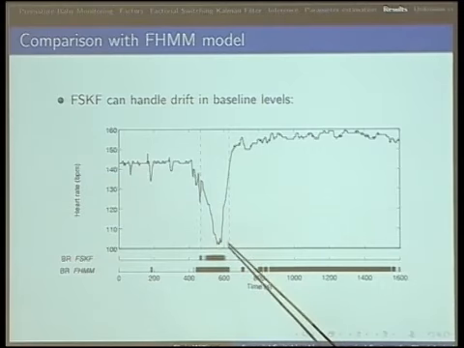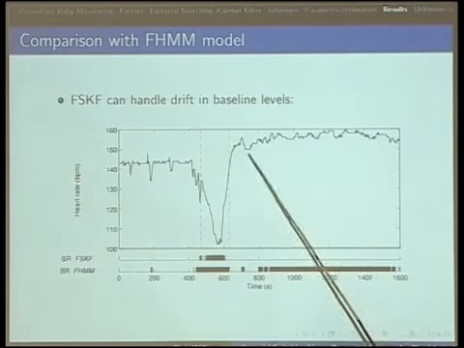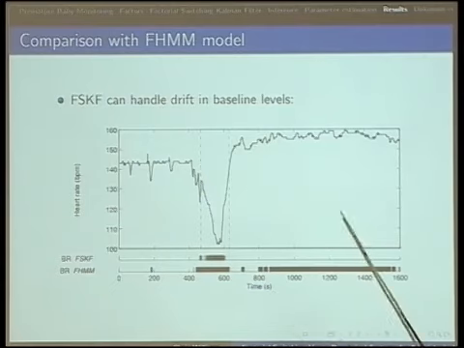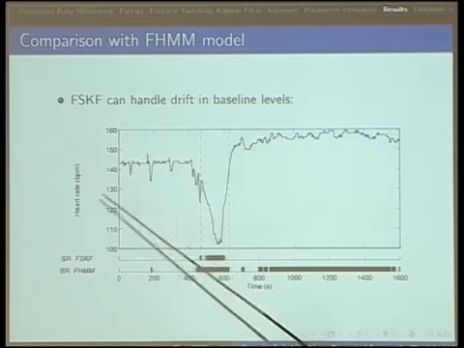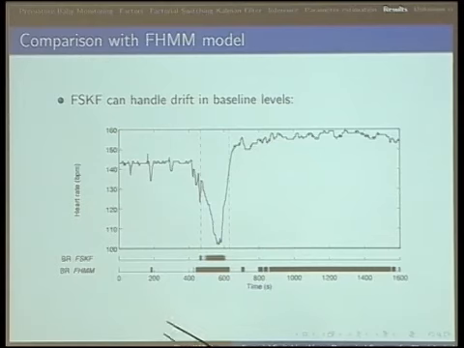Here there's a bradycardia, and after that we go back to a rather different heart rate level. If we just had a simple model that expected normality to be this and couldn't allow for drifts, then we would get rather messed up inferences here, so we might think that this is still some kind of bradycardia. So we found that the linear dynamical system allowed us to do better than just a simple model, the simple FHMM.